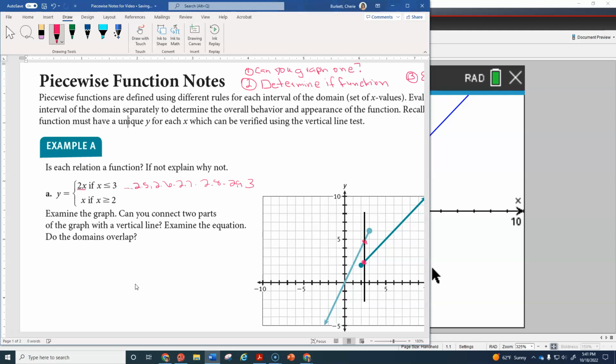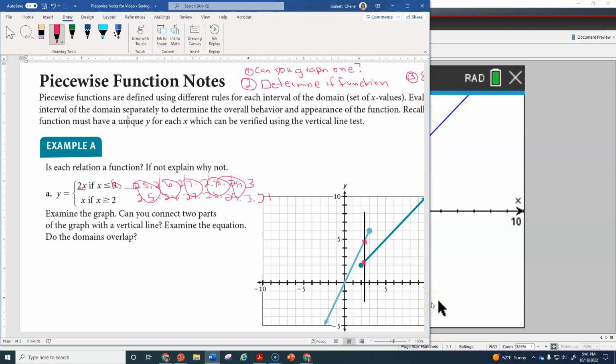And then we get to 3, okay? Numbers that are bigger than 2 are 2.5, 2.6, 2.7, 2.8, 2.9, 3, 3.1, and so forth. So you can see that in this list of numbers right here, I have a whole bunch of overlaps. That's why it's not a function.